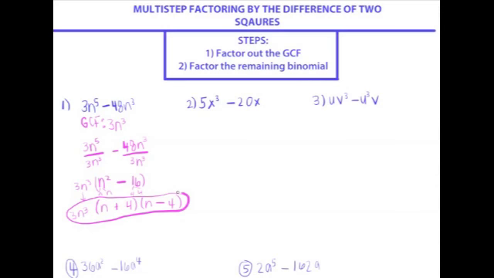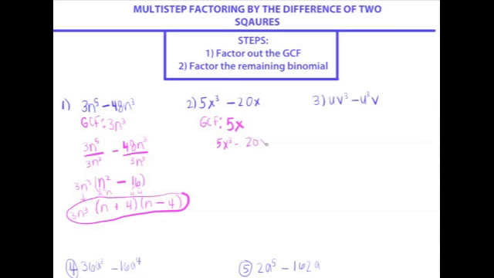Okay. So let's look at number 2. Let's try the same thing here. So first thing, let's identify what the GCF is. Looking at the 5 and the 20, the biggest number they have in common is 5. Looking at the x's, we take the x that has the smallest exponent, so x to the first. And if you need this step, here we go.